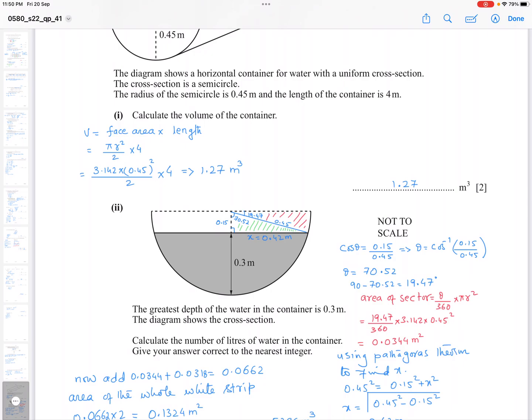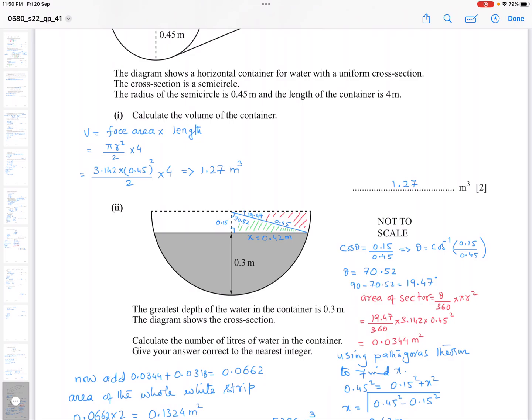So I'm trying to find out the angle in the right angle triangle. I'm using cos theta. So cos theta is equal to base over hypotenuse. Your hypotenuse is your radius, which is 0.45.